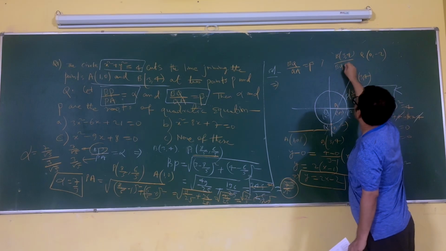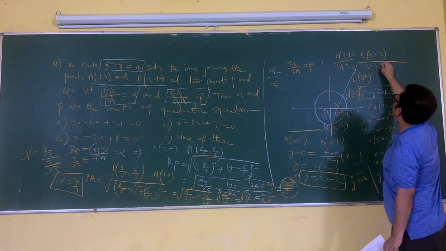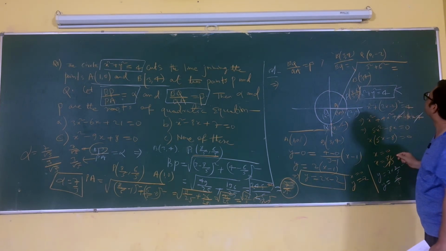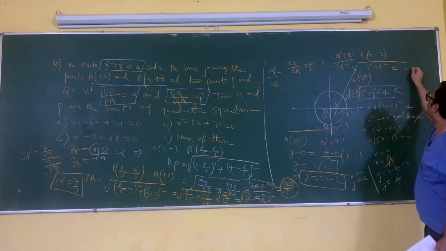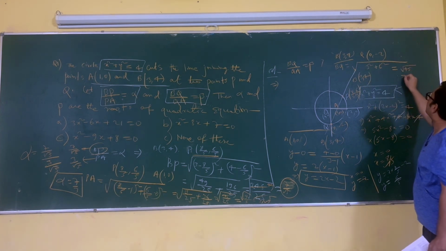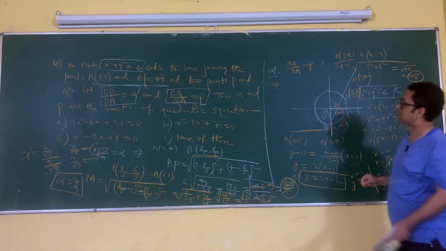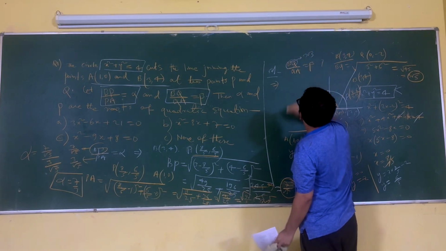So BQ will be equal to root under 3 square plus 6 square. So it will be 36 plus 9, 45. So 3 root 5. So this value BQ is 3 root 5.